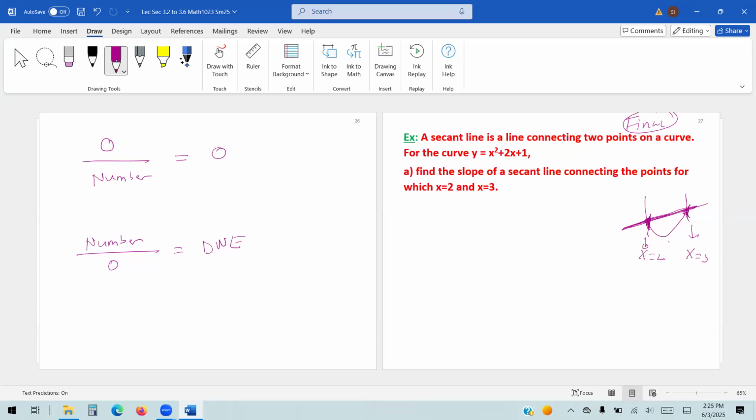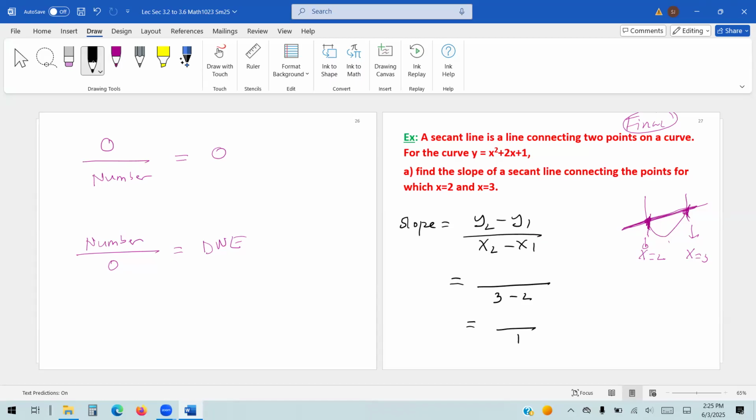What's the slope formula? y2 minus y1 over x2 minus x1. They gave us x values, only x values, right? So x values are 3 and 2, so we have 1 on the bottom.